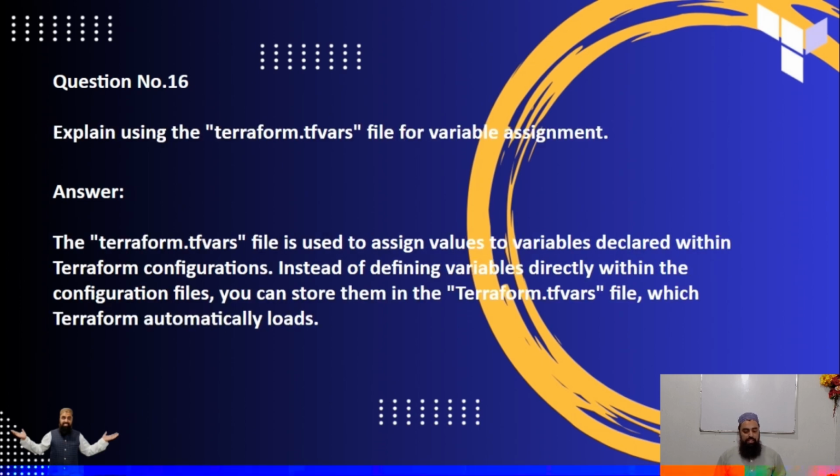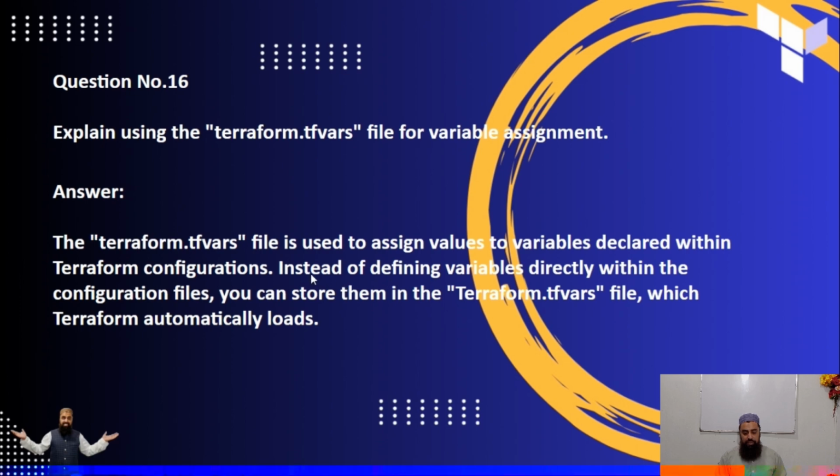Explain using the terraform.tfvars file for variable assignment. We have variables.tf where we declare variables, but where do those variables get their values? This is the terraform.tfvars file, and it is used to assign values to variables declared within Terraform configurations. We declare variables in the variables.tf file, but when we have to give them specific values, we can create a terraform.tfvars file and mention the values for those variables in it.